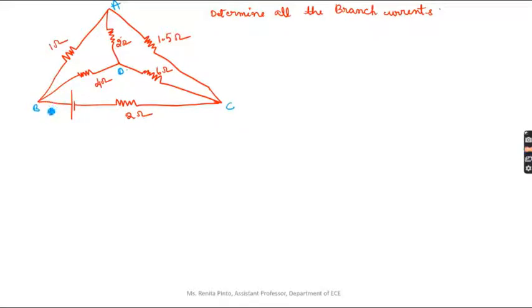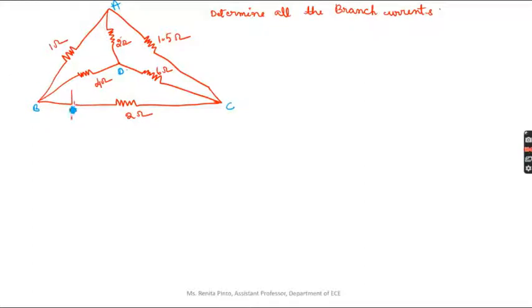Now, since in your calculators the highest order of unknowns that you can find is 3, whenever I solve any circuits, I will try to keep at the maximum 3 variables itself.